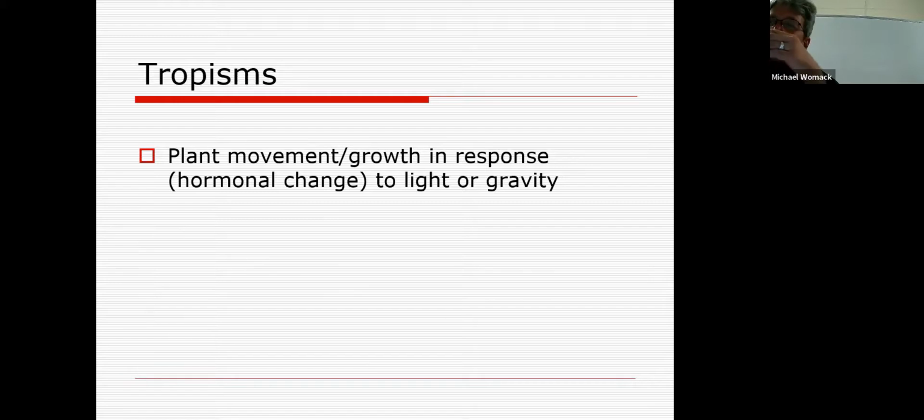So what it does is the side that's facing the ground, those cells have an accumulation of auxin, which is a hormone that the plant makes. It's also used for rooting. But what it'll do is it increases the auxin on that dark side or on the ground side of the stem, and it causes those cells just on that side to elongate.